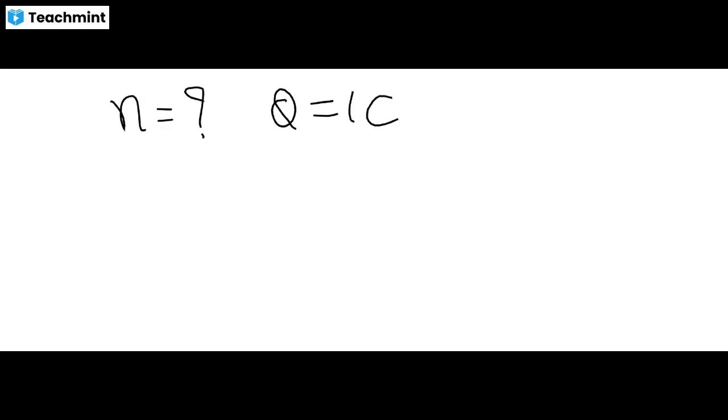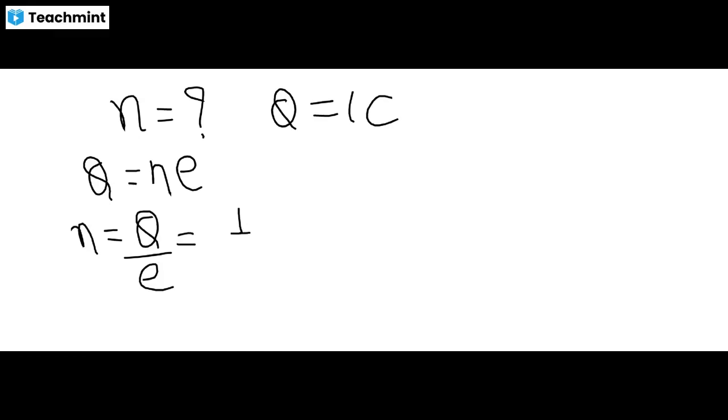So how do you calculate here? Q is equal to N into E. Now you are supposed to calculate N. So N is Q by E, which is 1 by E, where E is 1.6 into 10 to the power minus 19.